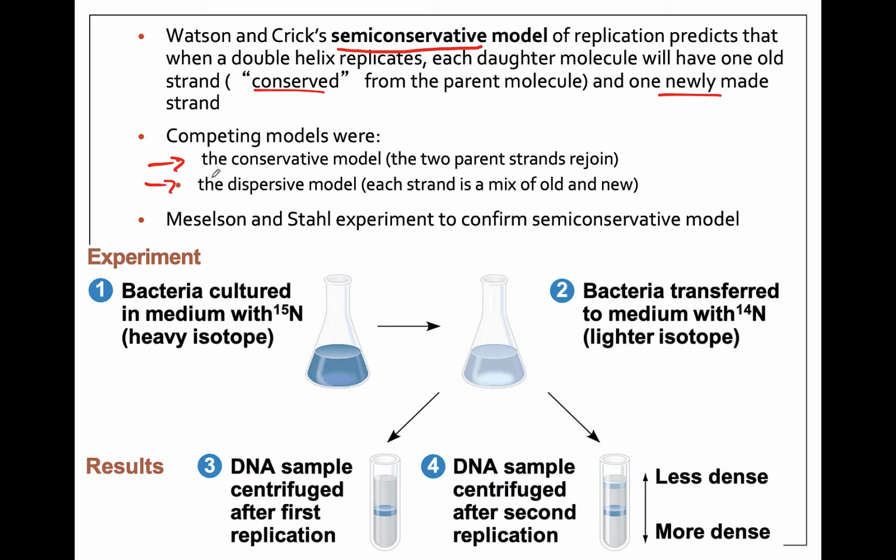And then the dispersive model thought that each strand was a complete mix of old and new DNA. And so Watson and Crick's model was based on logic, but they needed to show that this was true.